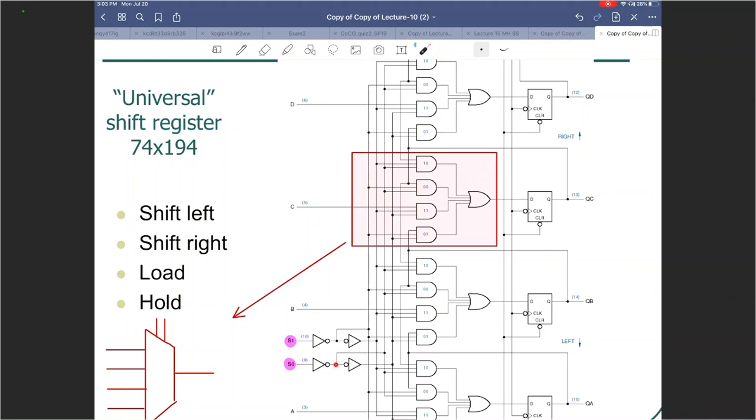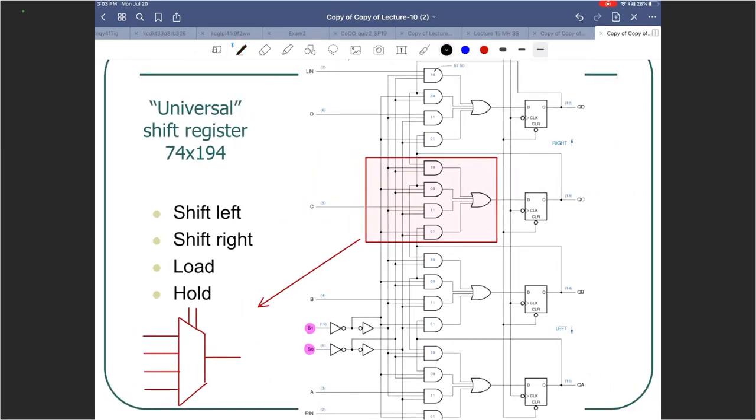S0 complement is connected here, 0 here and that's 0. So the selects are S1 and S0 in that order. Let me write those selects here, S1 here and S0 there. So when they are both 0, 0, 0, 1, 1, 0, 1, 1, what happens?